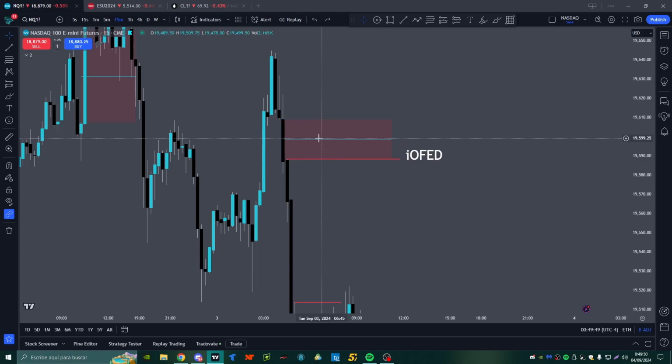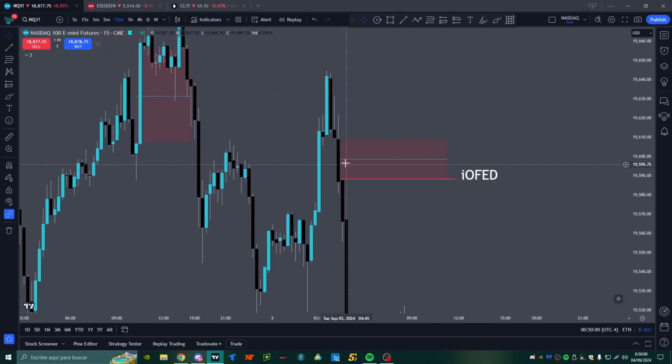Now, the consequent encroachment, the 50%, is simply the midpoint of the imbalance, and it generally takes longer to develop. But it usually happens in the same way: price simply goes away, generates liquidity and comes back with a strong movement, touches it, and usually we have a wick, a strong reaction when touching it.